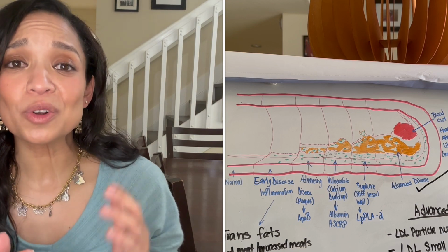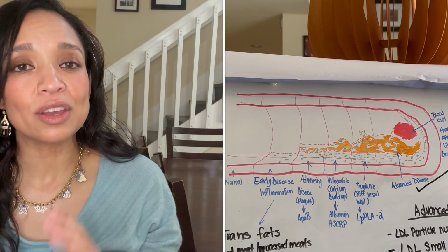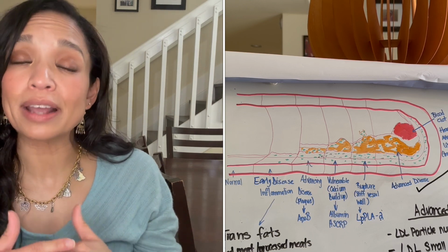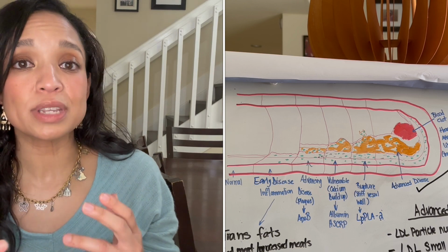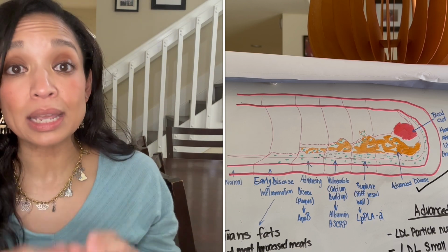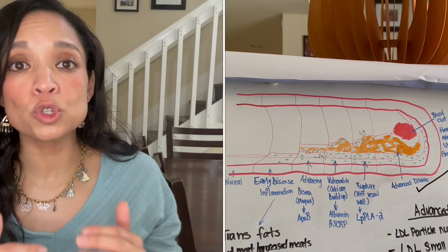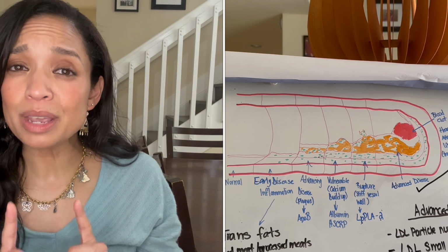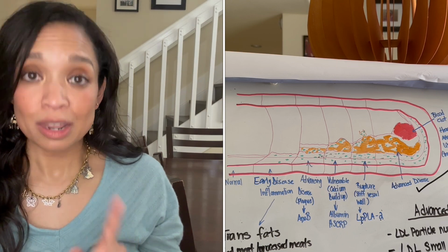You can see, starting from the left-hand side, that the artery is healthy, and this is how our arteries should look. In fact, most of these major vessels that lead to and from our heart, we want them to be clean and normal, meaning there are no signs of blockages or buildup, or, as we've come to importantly find out, inflammation.